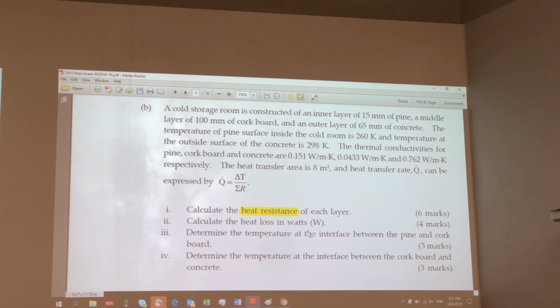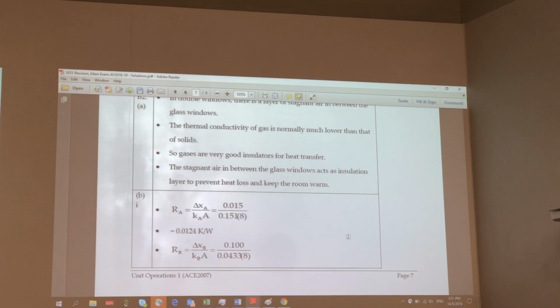If you are asked to find the thermal resistance, it means you need to find the capital R for each layer, right? So you will have the resistance. How to get it? Definitely we will not give you this equation directly. You remember, we will give you the one.